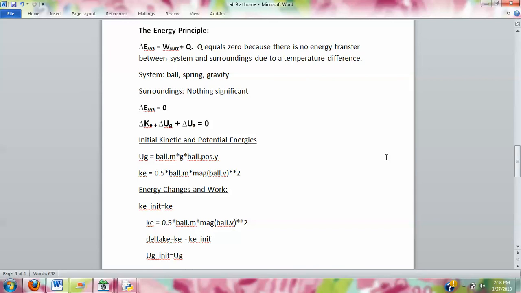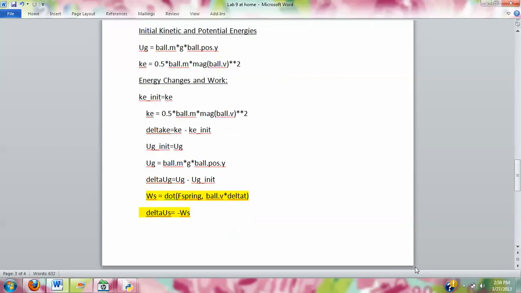Therefore, the sum of the change in kinetic, spring potential, and gravitational potential energies of the system is equal to 0. Here's my code for the initial kinetic and potential energies and the energy changes in work for the system. Note that the spring is in the system, and the change in spring potential energy is equal to the negative work of the spring.